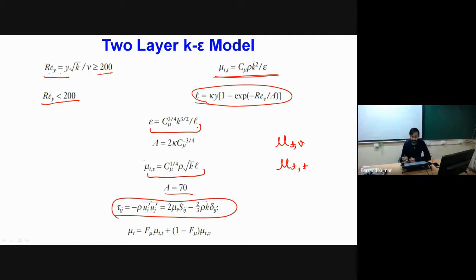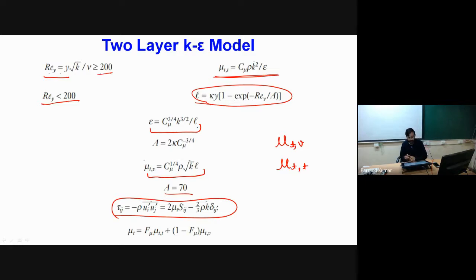So this is nothing but a standard K epsilon model, but we are using two different layer-wise turbulent viscosities. One viscosity is applicable for the turbulent dominant region, and the other is applicable for the near wall region where viscous effects are dominant.